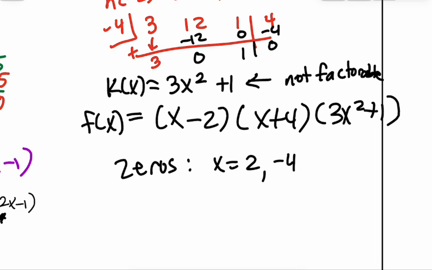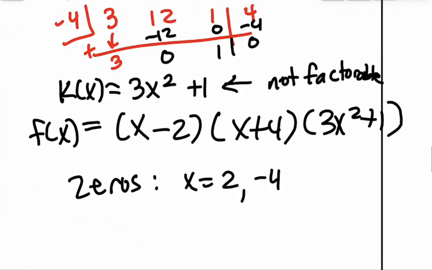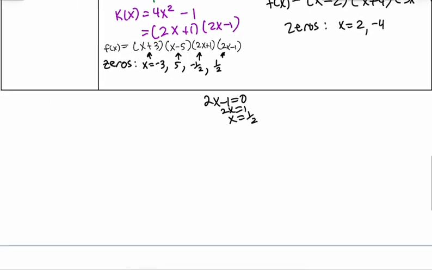You could take these functions and throw them into Desmos. You could see that it only hits it twice. Just because the power is a 4 doesn't mean it hits it 4 places or there are 4 zeros. That is the most zeros we can ever have, but you might have less depending on the structure of the function. Okay, so turn this in, please.